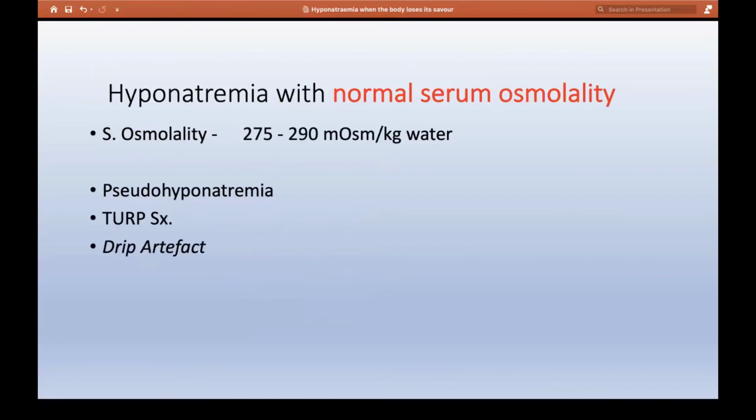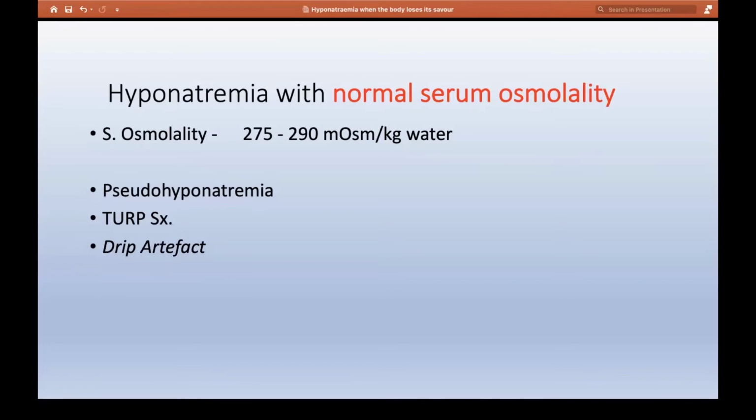So for hyponatremia with normal osmolality, normal serum osmolality is between 275 to 290 milliosmoles per kilogram of water. This could occur in these conditions: pseudohyponatremia and TURP syndrome. And more importantly, if there are collection errors, it can be because of this.